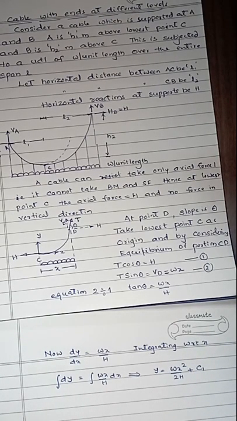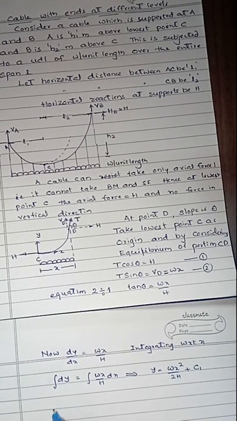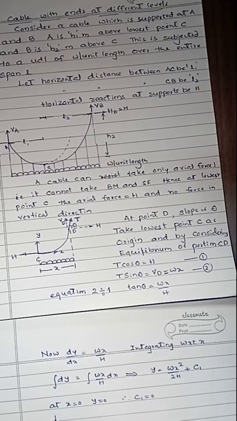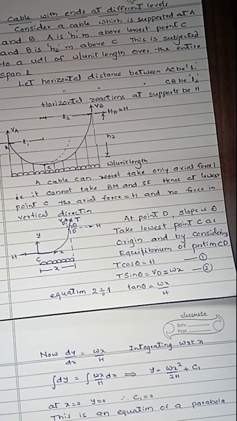C1 is the constant of integration. At x equals 0, y equals 0. Therefore, C1 equals 0. Then, this is the equation of a parabola.